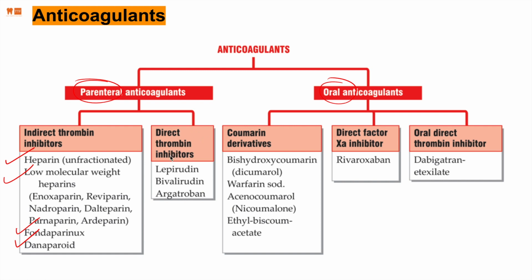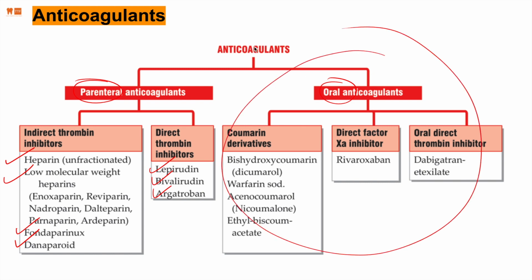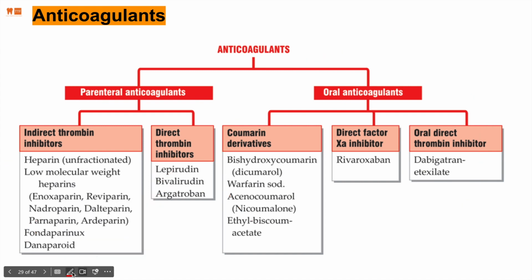Direct thrombin drugs that we won't talk about. However, this section right here, very, very important. So let me get rid of the pen right here. Oral anticoagulants, coumarin derivatives. These are warfarins. That's all we need to know.